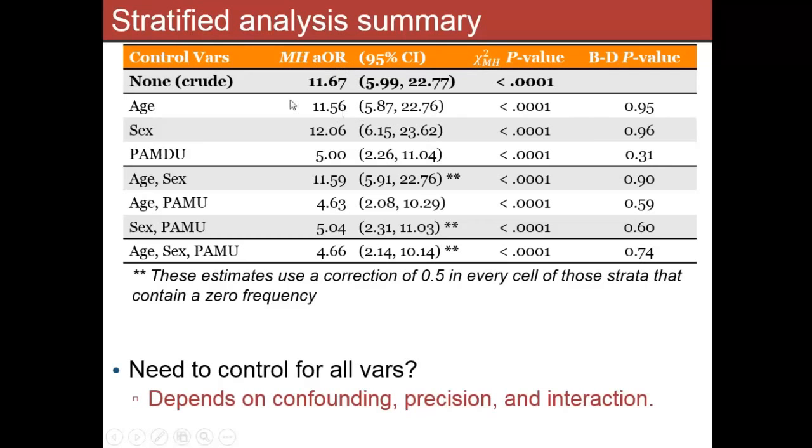And so, whoa. Here's this first line, which represents the result of our crude model, the unadjusted model, the crude analysis. So we didn't control for anything, and we have an odds ratio of nearly 12. And then we controlled for different variables, and we got different answers depending on what we controlled for.